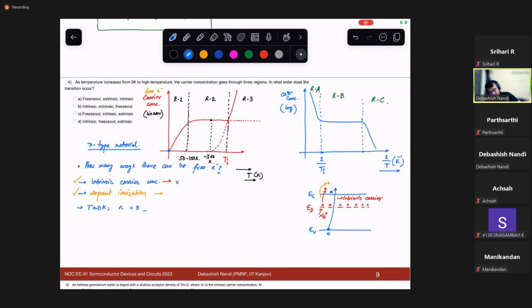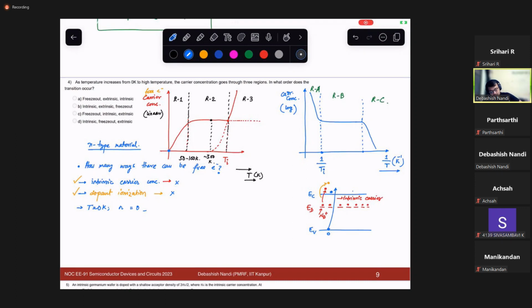Because both of my processes do not contribute. At 0 Kelvin, no electron will go from valence band to conduction band, and no dopant atoms will get ionized. So it will be 0.